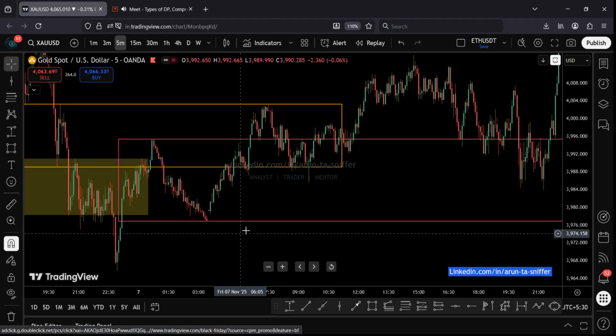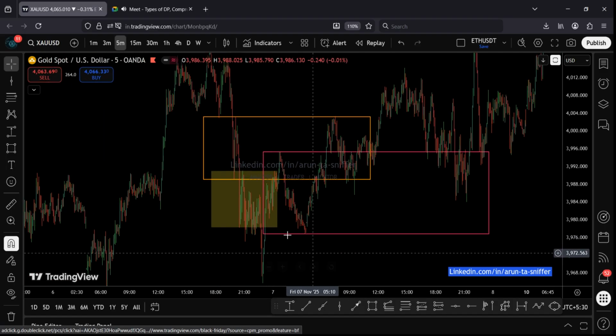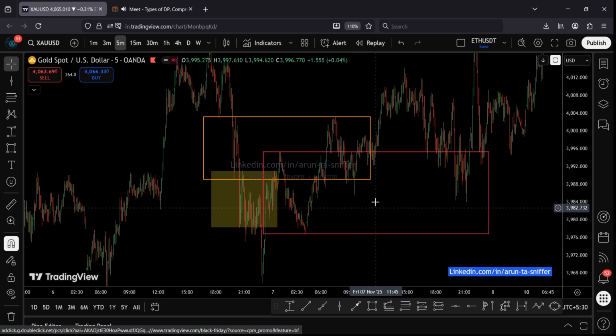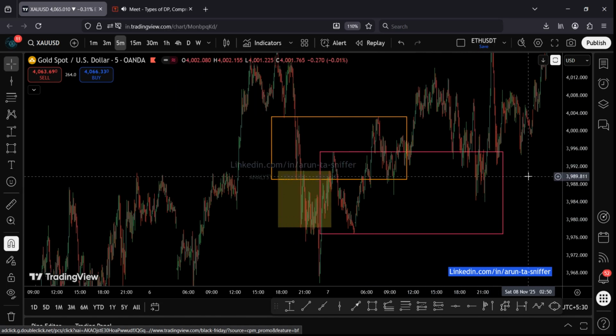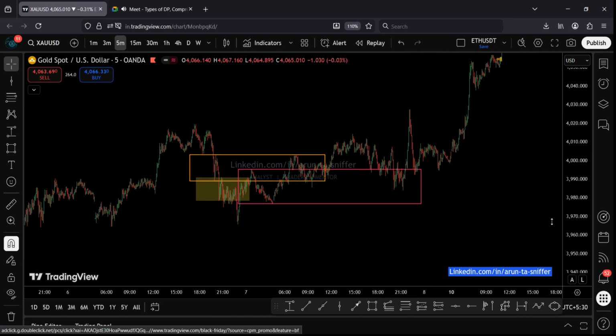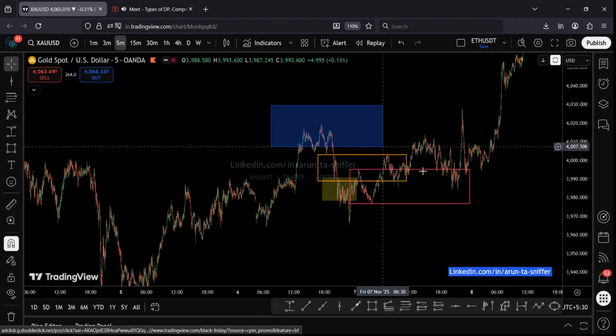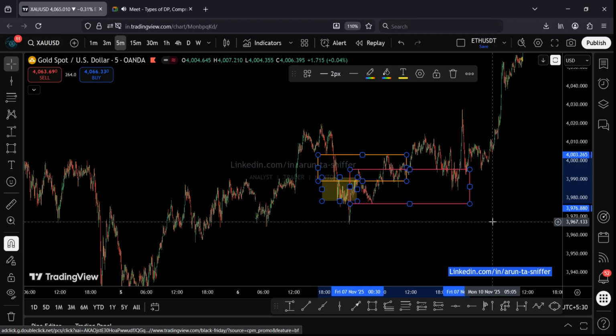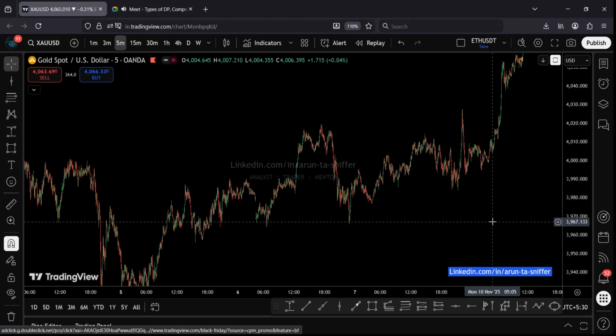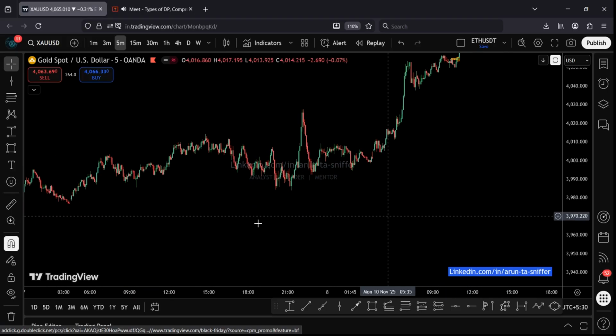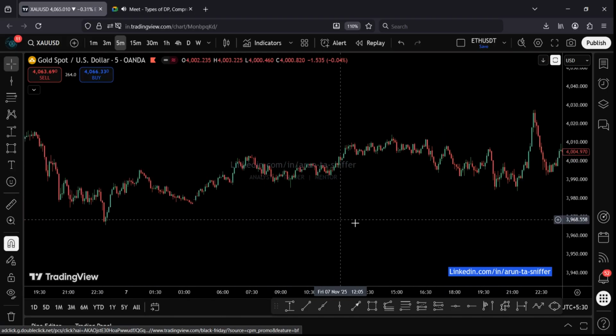So here we are looking at only setup base. That DP reached to this DP, so price came back and hold by this DP and goes up, and no fake out happens here. Okay, so this is our DP, and let's see the next type of DP we discussed about, like this.